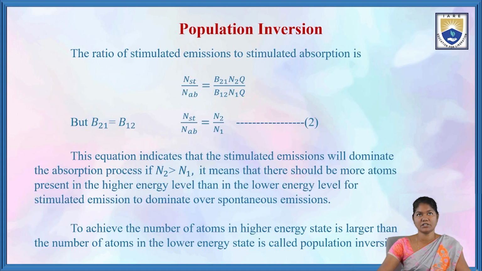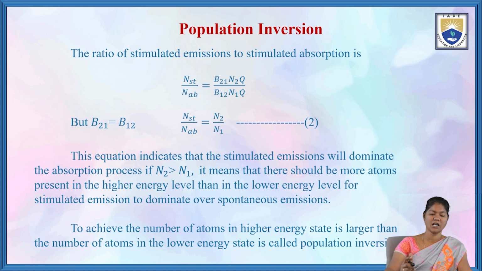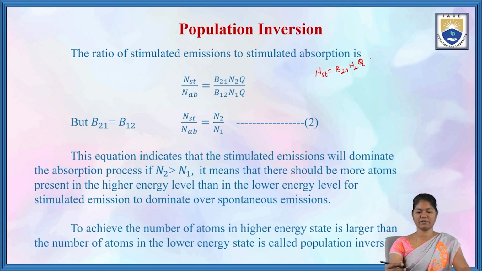Next, coming to population inversion. The ratio of stimulated emissions to stimulated absorption is NST by NAB. NST is equal to B21 into Q, as we have already seen with the photon density.